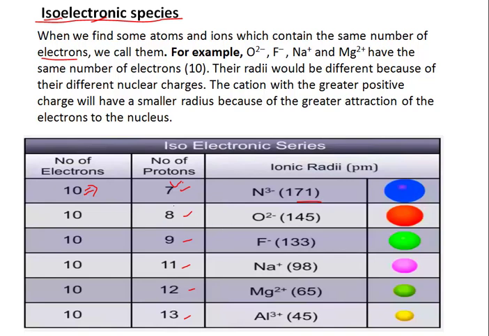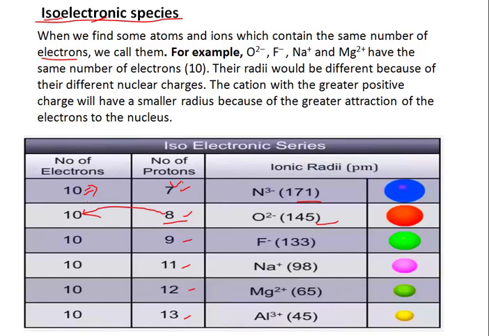Then for oxygen in ground state, it has 8 electrons, but now after gaining 2 electrons, the number of electrons comes out to be 10, protons are 8, so oxide ion. And oxide ion, its ionic radius is 145 pico. So on, fluoride is given, then sodium ion, magnesium ion, and aluminum. Now what's the difference?